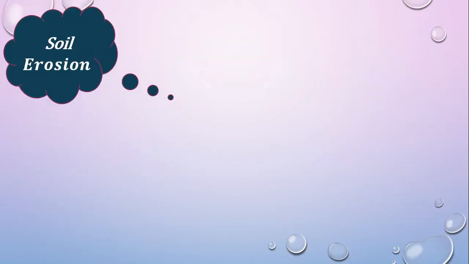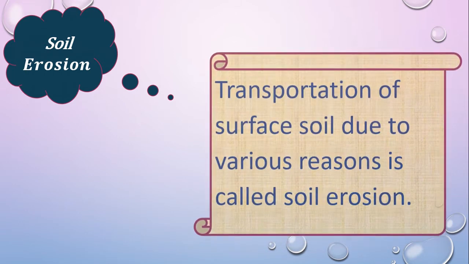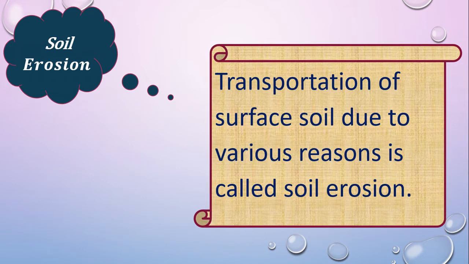First of all, we have to understand what soil erosion is. Soil erosion means the movement of surface soil on the earth, due to different types of reasons, from one place to another place. If you write down the definition: transportation of surface soil due to various reasons is called soil erosion.